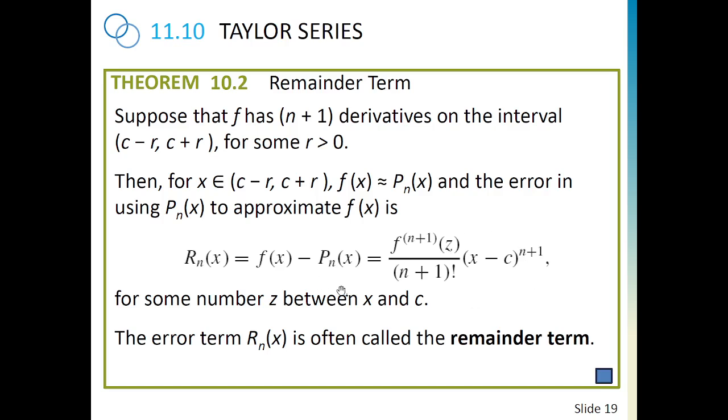This is the theorem that is useful to show that the remainder is actually going to 0. So the remainder is equal to this expression. And now the last part is to show that this thing here is converging to 0 when n goes to infinity.